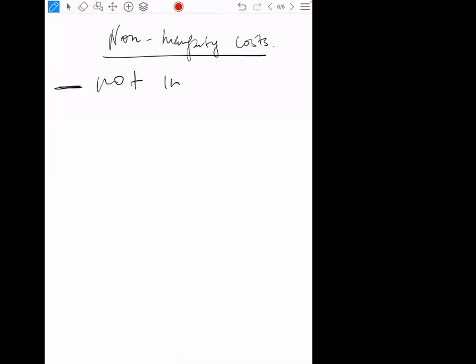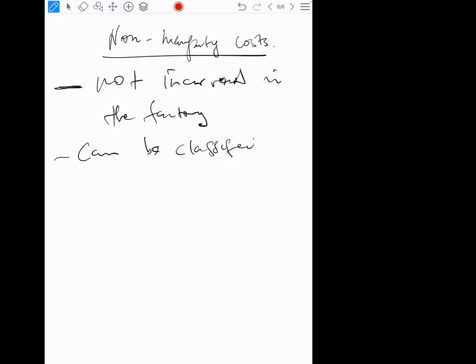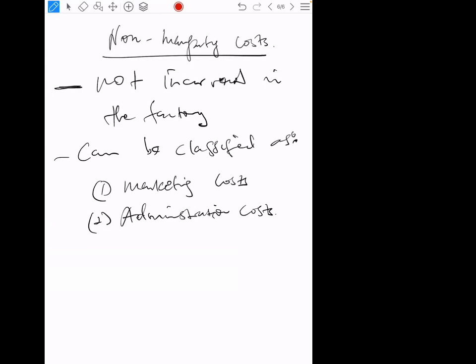These can be classified into two: one, marketing costs, and two, administration costs. These are non-manufacturing costs, right?